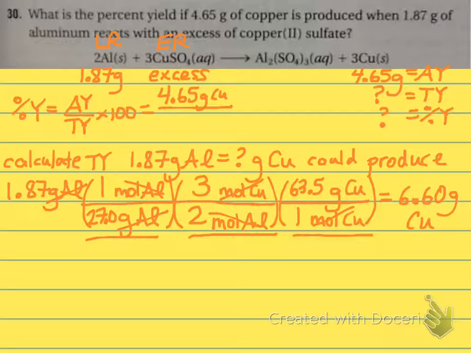My theoretical yield is 6.60 grams of copper, multiplied by 100. So 4.65 divided by the 6.60, and I still want 3 significant figures. So I get 70.5% copper. So that is how you do that problem.